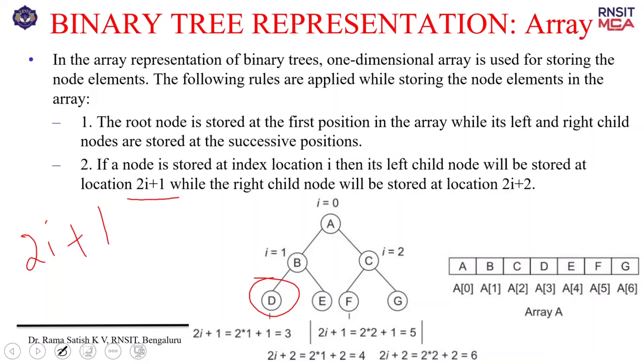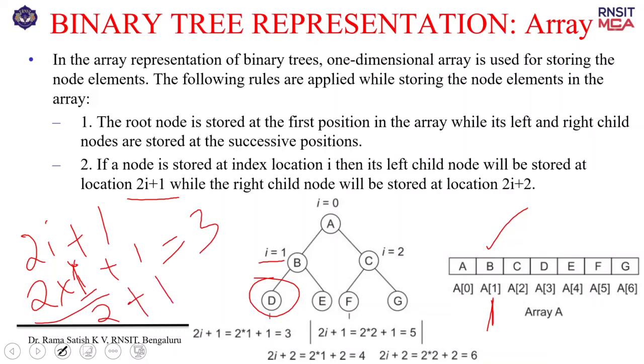D's parent is B. B's position is 1, you can see it here. 2 into i, where i is the position of the parent, is 2 into 1, which is 2. 2 plus 1 is 3. So D will be stored in position number 3. That's what you see here, position number 3.